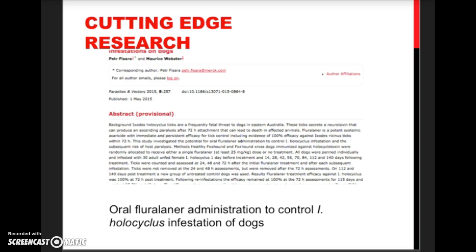I don't know how to pronounce that, but it is some sort of drug that is known to prevent tick infestation, which would then prevent the tick paralysis in this case. And this was to control the infestation of dogs in eastern Australia to prevent fatalities.